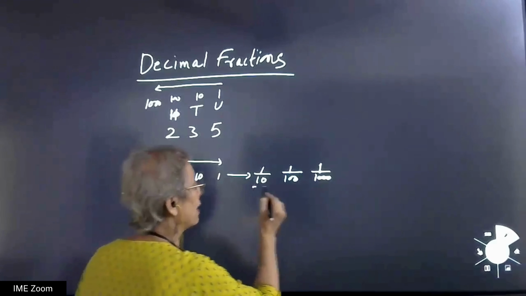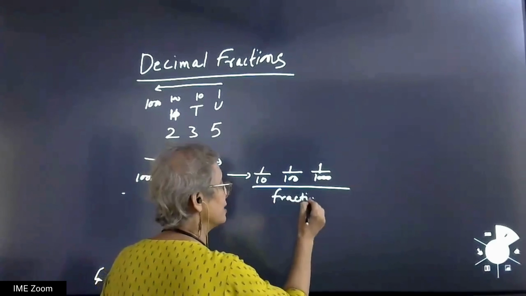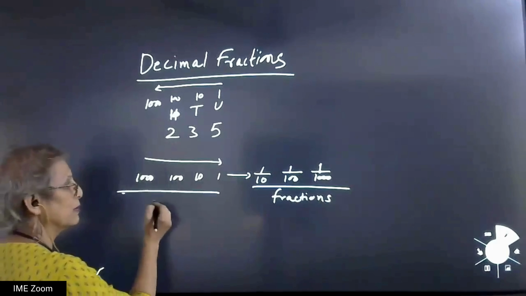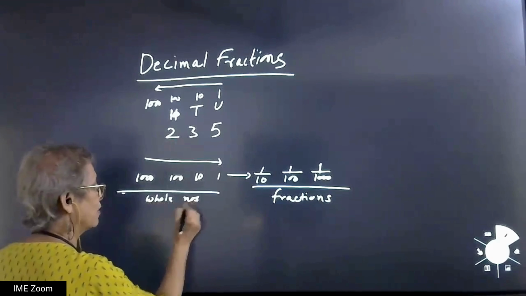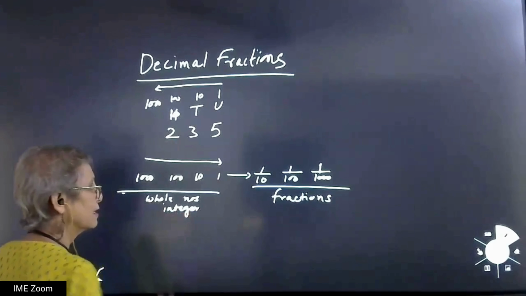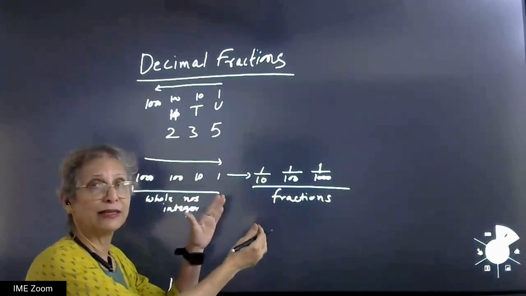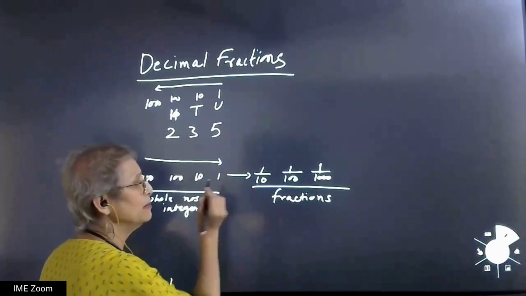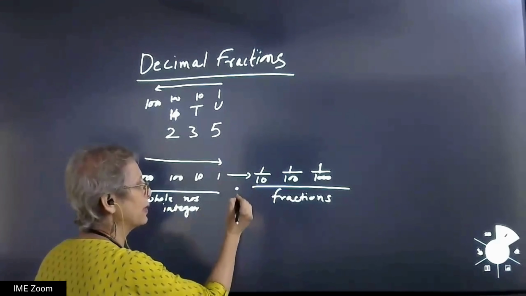So all these numbers are fractions, meaning smaller than 1, while this part is a whole number. Whole numbers, or integers, we say actually. Suppose we want to write all the numbers together, they should be separated by some symbol, and that symbol is nothing but the decimal point.